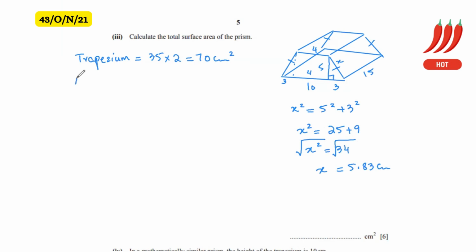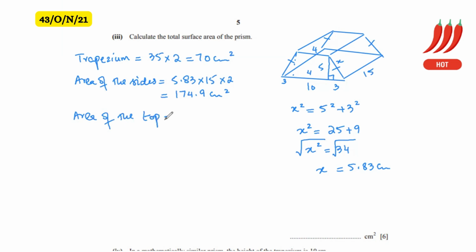So area of the sides is going to be 5.83 times 15 times 2, because there are two sides. 174.9 centimeters squared. Then area of the top would be 4 times 15, which is 60.